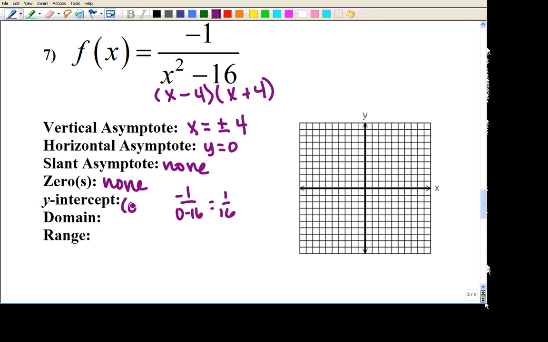So we'll have a y-intercept of (0, -1/16). And then we'll get back to the domain and range here in just a moment. But let's go ahead and start plotting the asymptotes. So we have two vertical asymptotes at positive and negative 4. So there's the negative 1, 2, 3, 4, and here's the positive 1, 2, 3, 4.